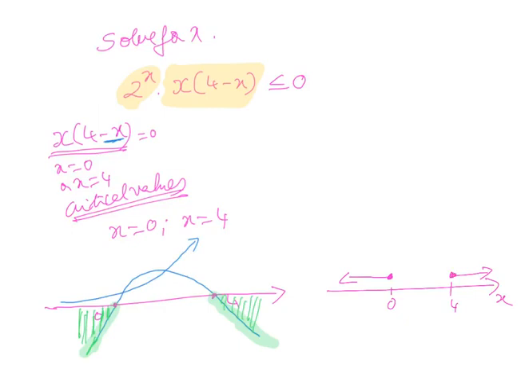This is my number line answer. On the number line I can also write my answer algebraically, in inequality form: x less than or equal to 0 or x greater than or equal to 4. So this is my solution for the inequality.